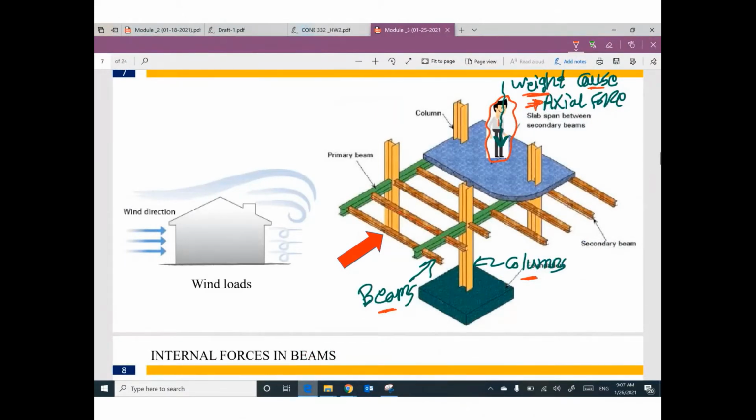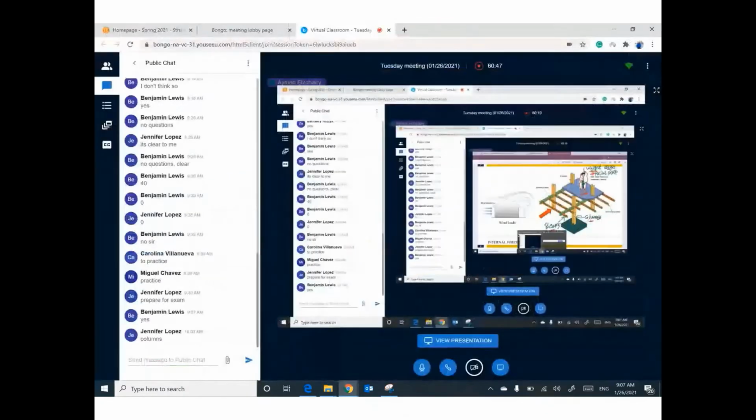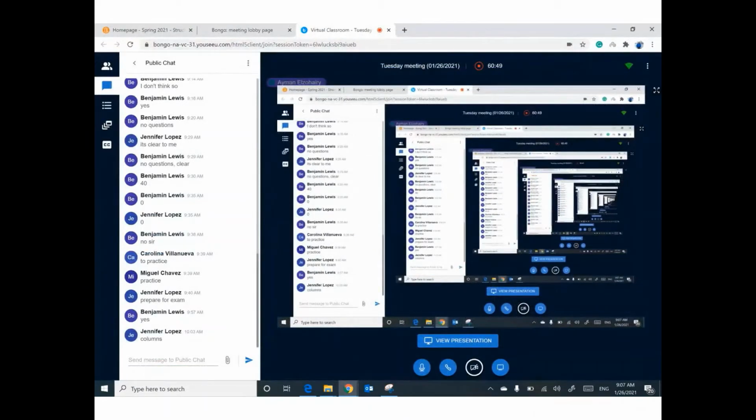We have a person standing on this slab. This person has a weight. The weight of any person is vertically downward. This force or this weight will cause axial force in which part of the building? In the columns or in the beams? Thank you, Jennifer.